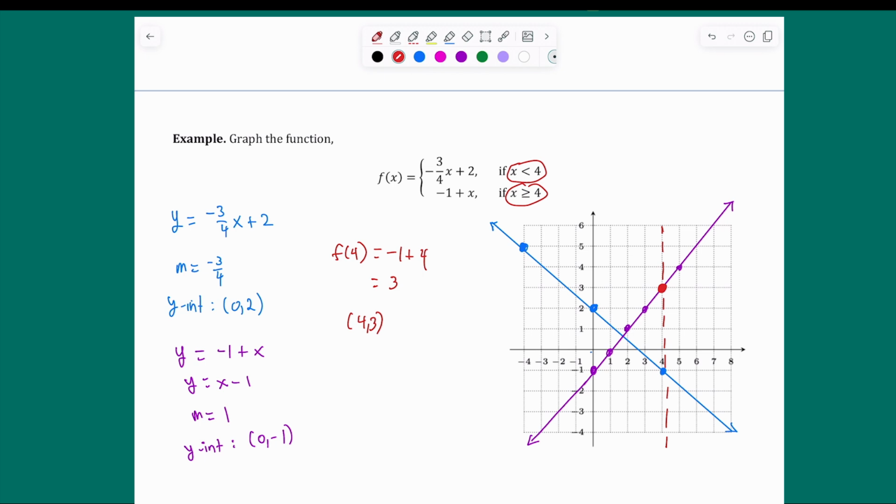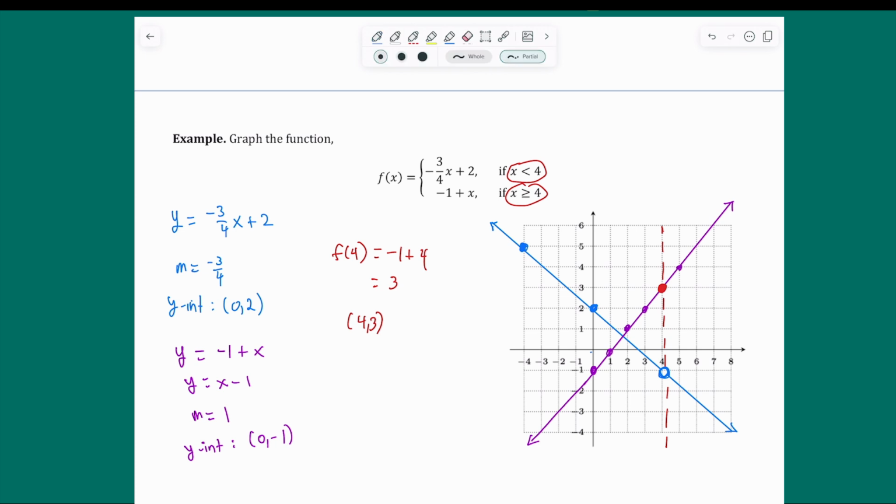And then at the other value down here at (4, -1), where it hits that line would be no good. In other words, I would have a void there, and it would be an open circle because I know the value would be the ordered pair (4, 3), and not the ordered pair (4, -1).